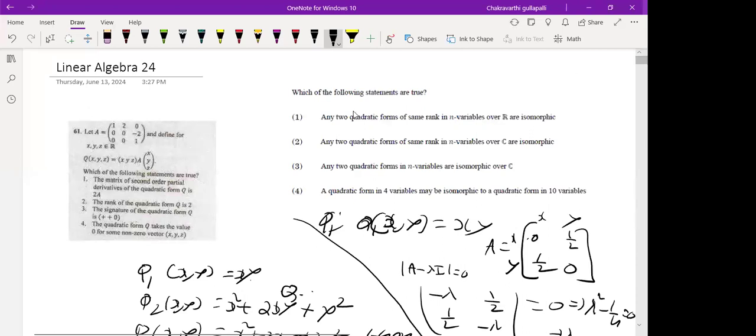Which of the following are true? This is a CSIR question. Any two quadratic forms of same rank in n variables over R are isomorphic.